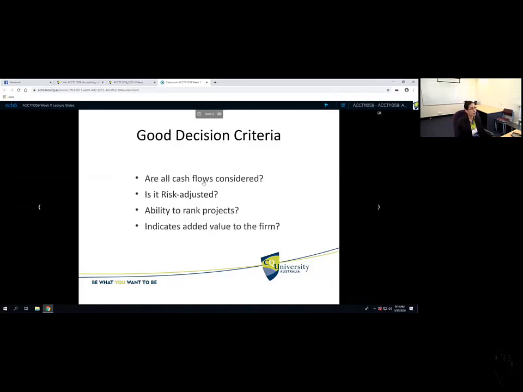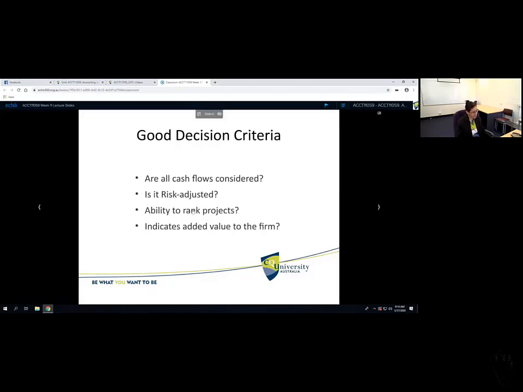So are all the cash flows considered? Is it risk adjusted? Have we adjusted for risk? Is there an ability to rank the projects that we're looking at? Does it indicate any added value to the firm? Okay, and you'll see that we refer back to those when we discuss the advantages and disadvantages of each technique as we go through today.